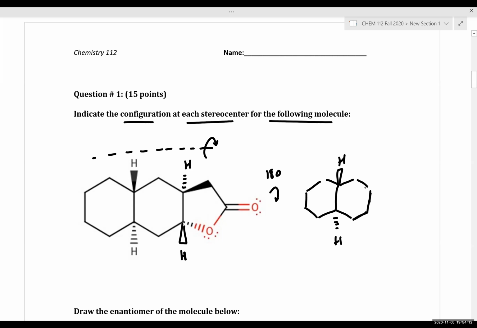My goal in this process to assign the stereochemistry at each center is to set it up so I have my hydrogen in the back. Okay, so I'm going to start with each of my carbons in this first structure with hydrogen in the back, and I'm going to assign priority.